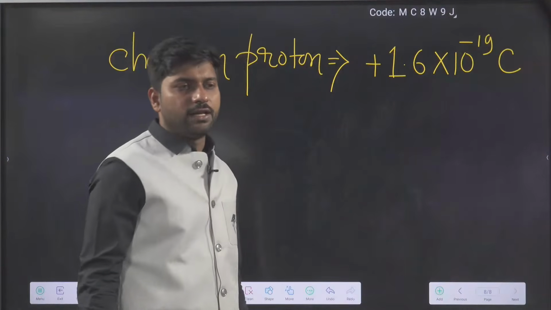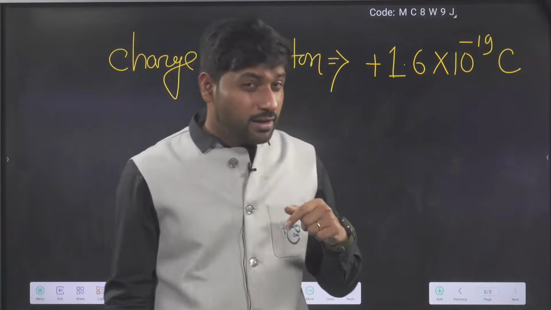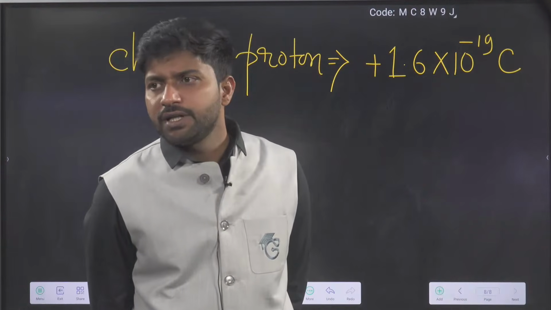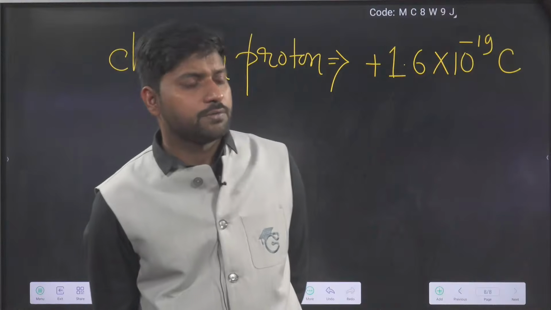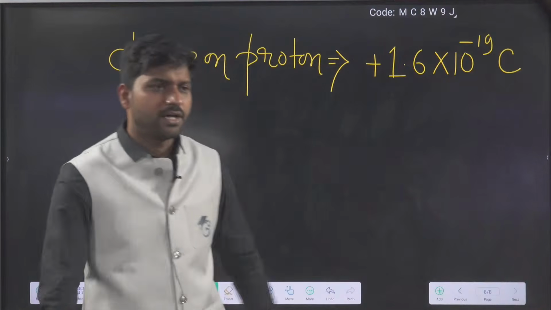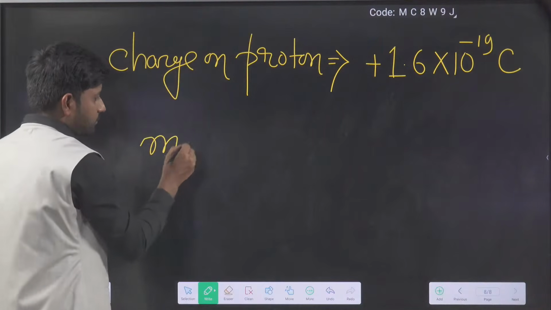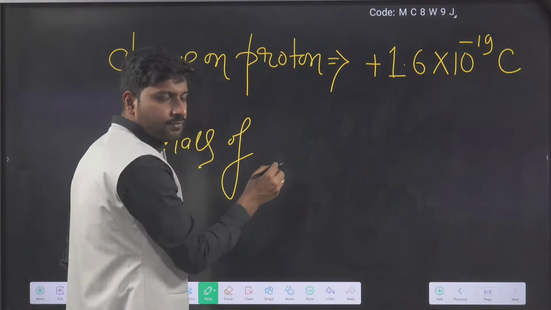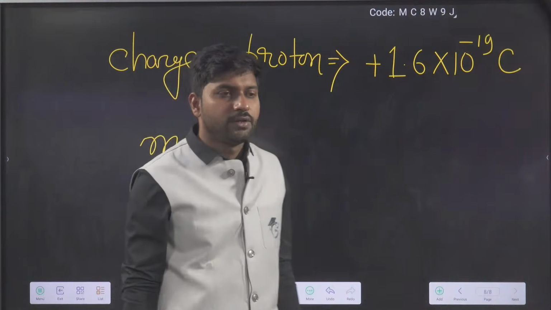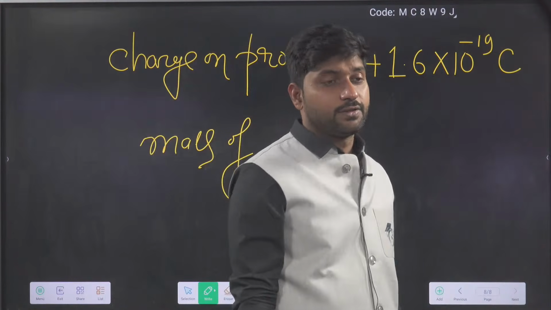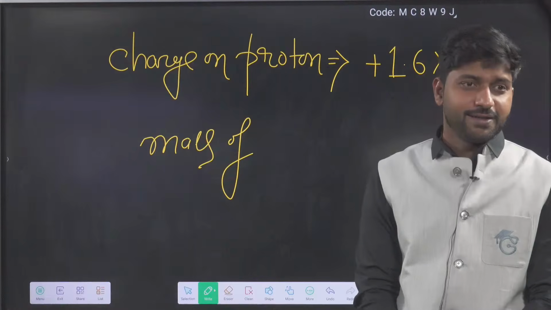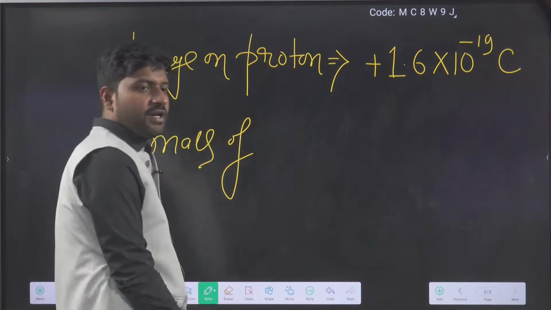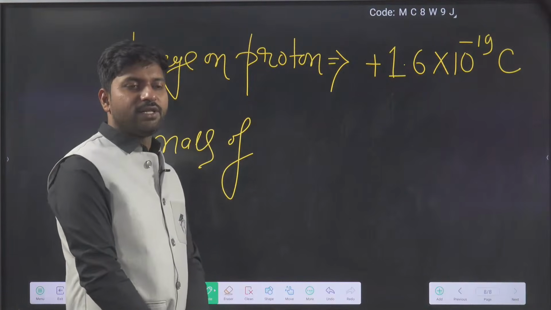Anyone wants to tell the mass of the proton, which was calculated by the scientists? Tell me, comment. No, that is the electron. Mass of proton is 1.67 into 10 to the power minus 27 kilogram.